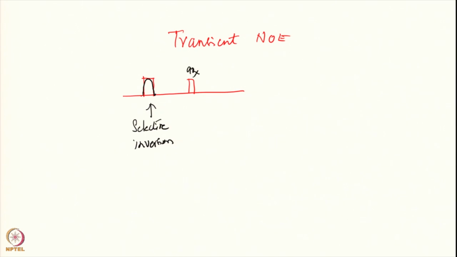What does that mean? So then let us say I have a spectrum something like this. So what I will do is I will selectively invert this line. I will selectively invert this line with a 180-degree pulse.